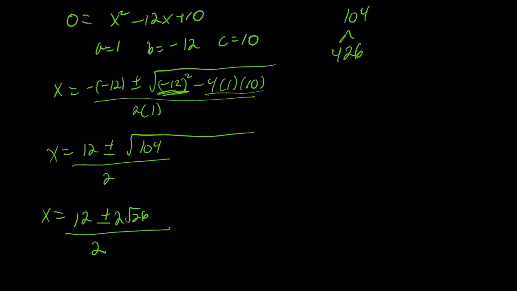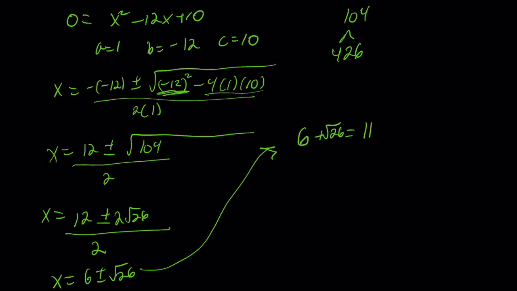I can also take out a factor of 2. So I get x equals 6 plus or minus the square root of 26. And I wanted to round to the nearest tenth. So I have 6 plus the square root of 26, which is going to be 11.1. And I have 6 minus the square root of 26, which is 0.9.